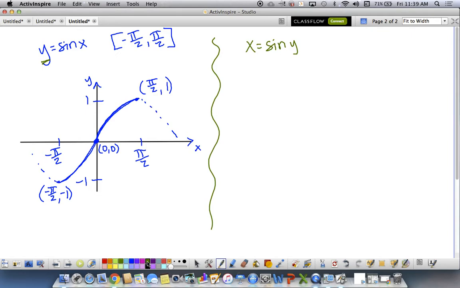So how do we solve for y? How do we solve an angle? Do you remember? We're going to use that other button, that sine -1. So the inverse sine of x will simply be written like that. So this is your equation of the inverse sine. It'd be helpful if I could spell.